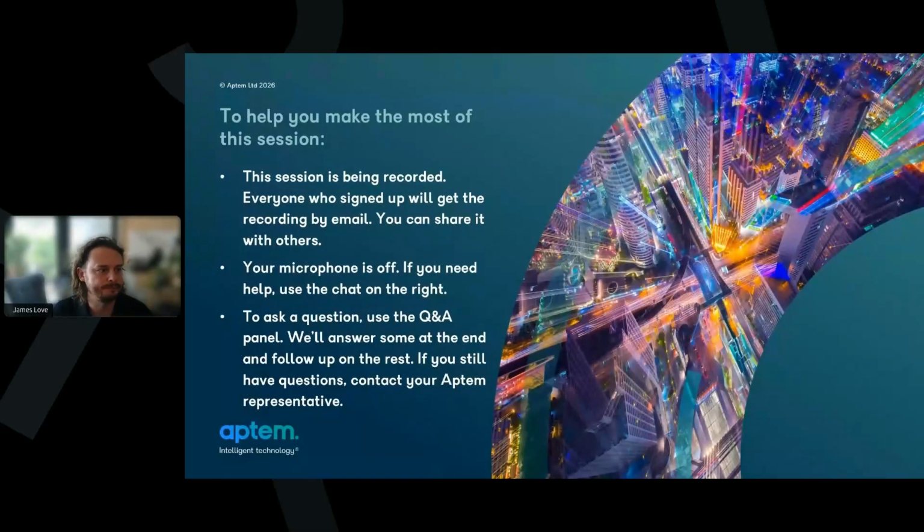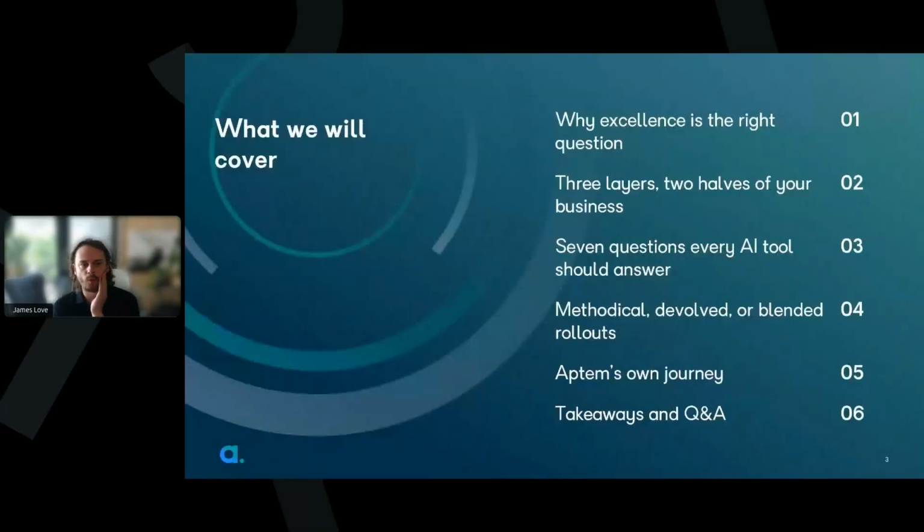So, where are we going today? We'll start with the question I think most providers in this sector are asking, and why I think it's probably the wrong question. From there, we'll go into how AI tooling and its landscape is structured across 3 layers, which can be applied across the whole of your business, learner facing.